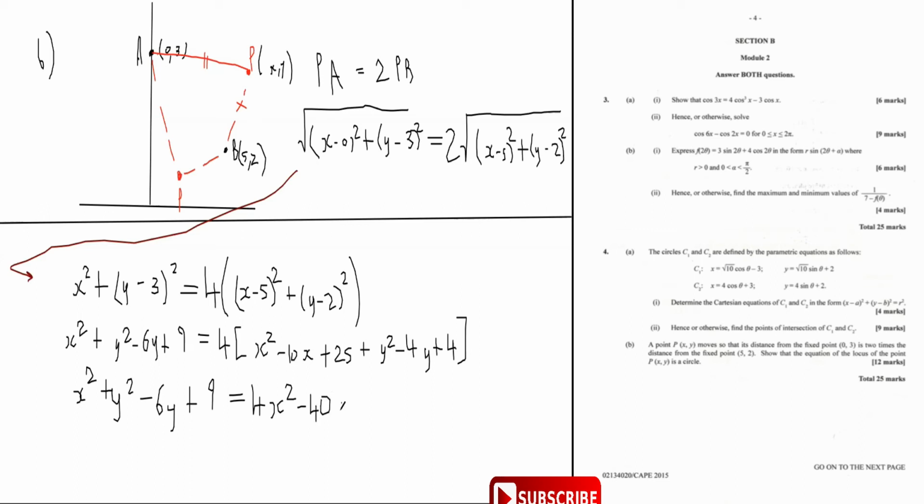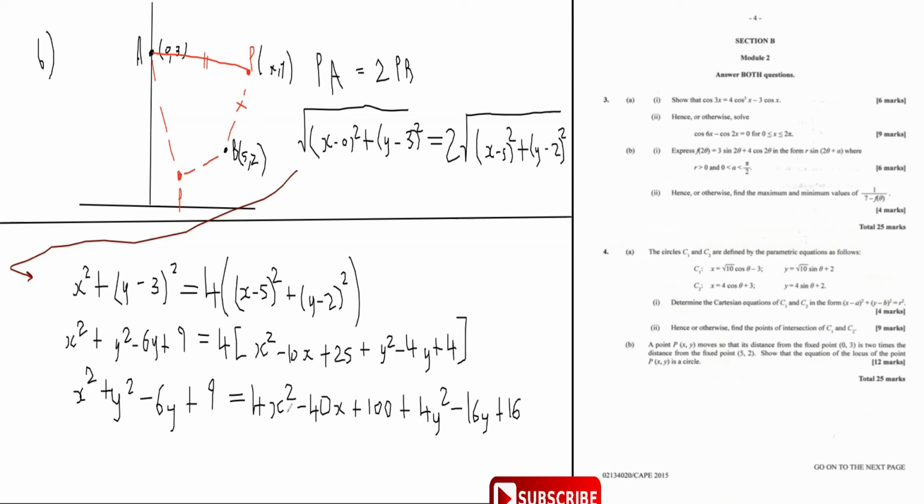Then we have 4 times 25 is 100. We get plus 100. Then we have 4 times y squared is plus 4y squared. And then we have 4 times minus 4y is minus 16y plus 4 times 4 is plus 16. All right, that's what we have.